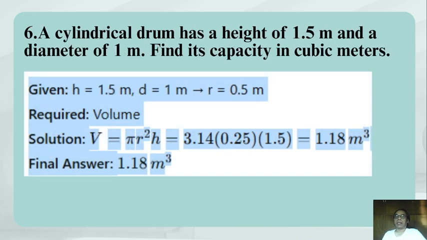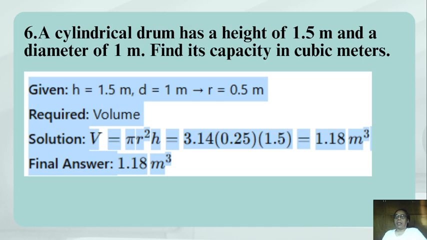Number 6. A cylindrical drum has a height of 1.5 meters and a diameter of 1 meter. Find its capacity in cubic meters. So we're given height 1.5 meters, D 1 meter, and of course the radius is 1/2 of 1 meter, which is 0.5 meter.